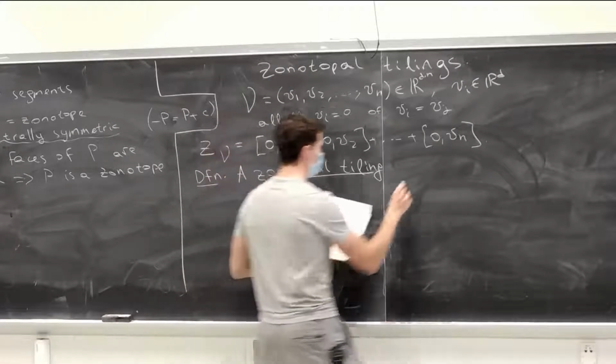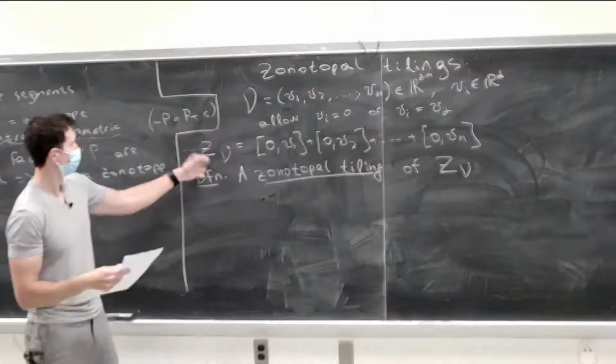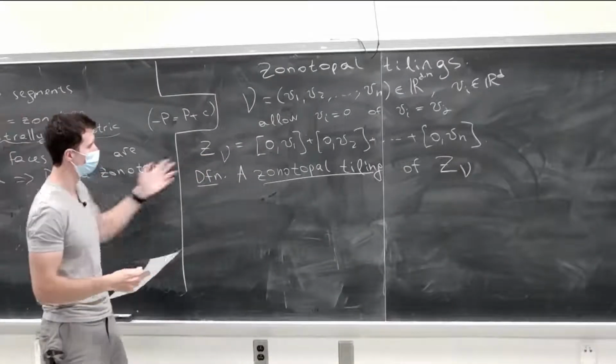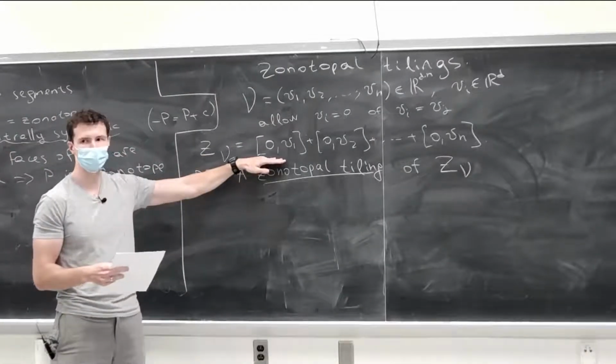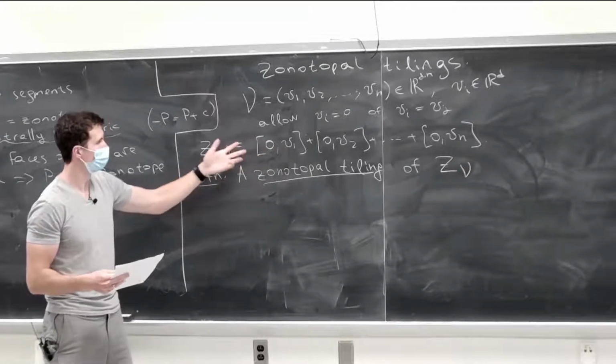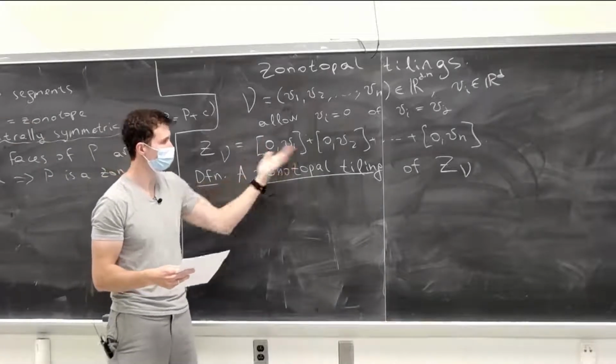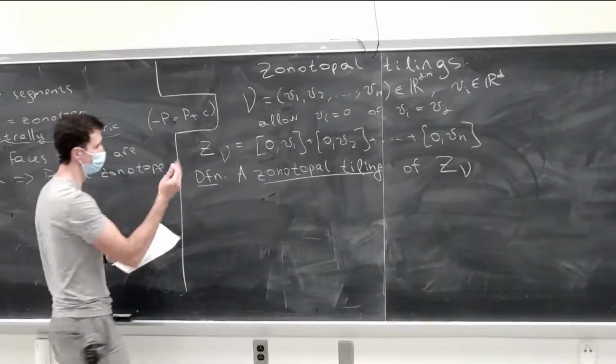So a zonotopal tiling of my zonotope, which, by the way, if you have an arbitrary zonotope, you can shift it so that it's of this form. In general, you can take arbitrary line segments between two points, but if you shift each of them, you can make them all from the origin.